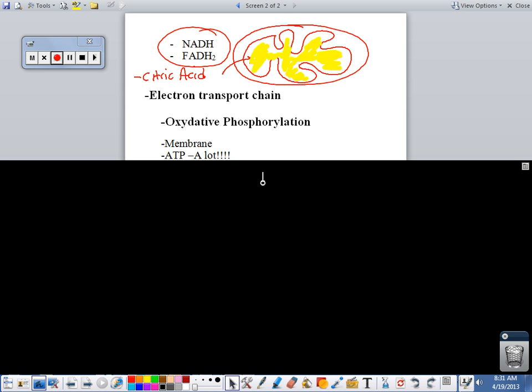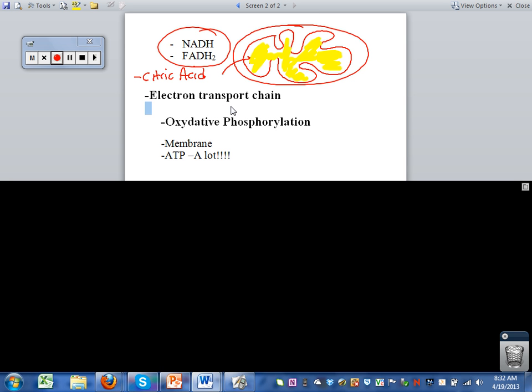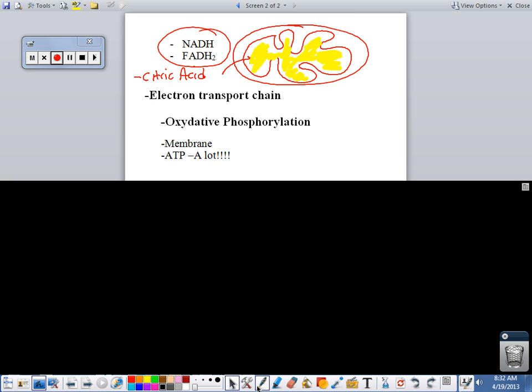The third part of cellular respiration is the electron transport chain. This is just like photosynthesis, where we move electrons, and as we do that, we create a big difference in hydrogen ions on one side of the membrane compared to the other, and then they're released real quickly, and it produces a lot of ATP.